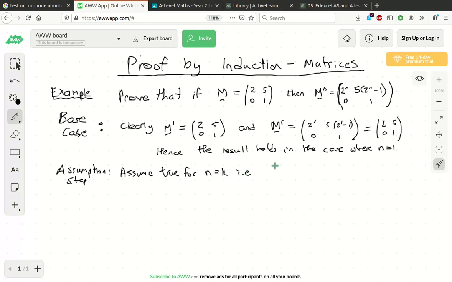I.e., if M equals 2, 5, 0, 1, then M to the k equals 2 to the k, 5 times 2 to the k minus 1, 0 and 1. Sorry, that k is really tiny there. Cool.